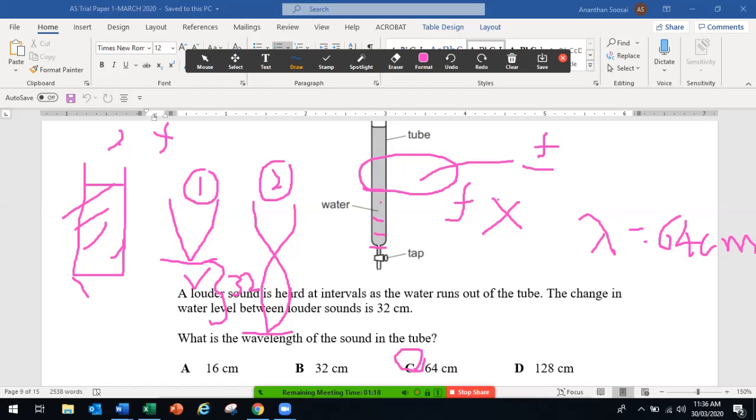So check which one: if the level is going down, the frequency is constant, because they use the same tuning fork. If the level is constant and they change the tuning fork, the frequency is changed. For both cases, whether you make the level change or you change the tuning fork, what quantity is always the same? The speed of the wave does not change. Yep. Okay, any other question?